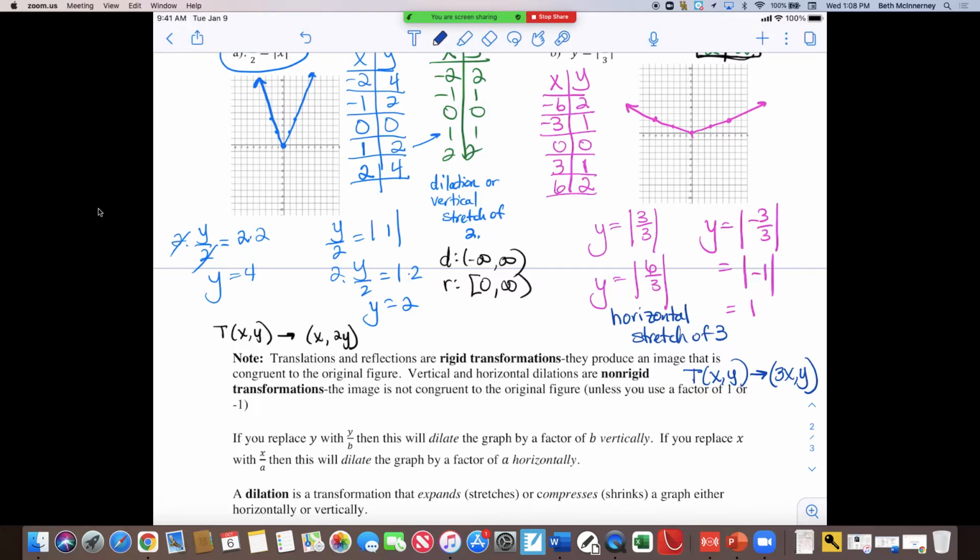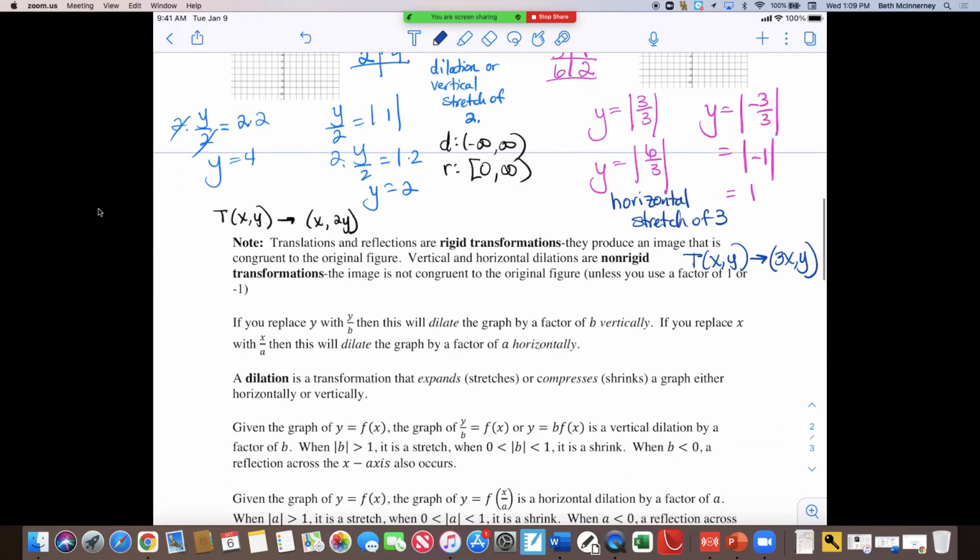But just sort of stay with me, and then you might want to read through the notes again or watch this video. All right, note, translations and reflections are called rigid transformations. They produce an image that is congruent to the original figure. Vertical and horizontal dilations are non-rigid transformations. The image is not congruent to the original figure.